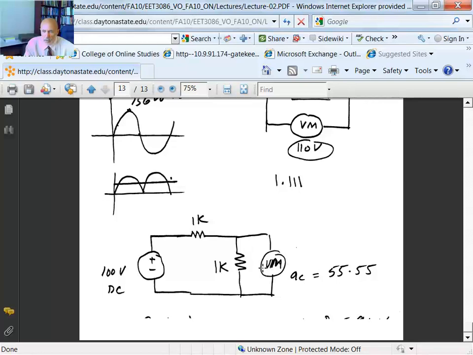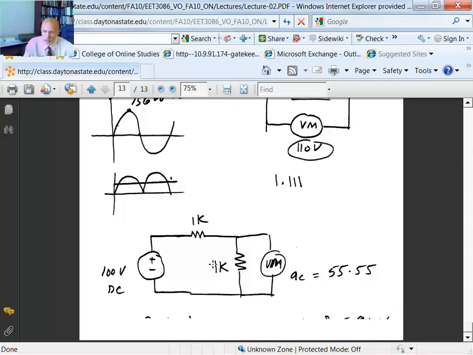If you put a DC voltmeter here, it definitely is going to read 50 volts. But if accidentally you switch to AC and put an AC voltmeter here, it will read 50 times 1.111, which is 55.55. So you're almost 10% error in your measurements. You have to be very careful when you do the measurements.